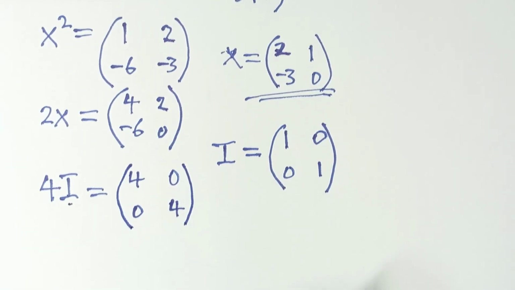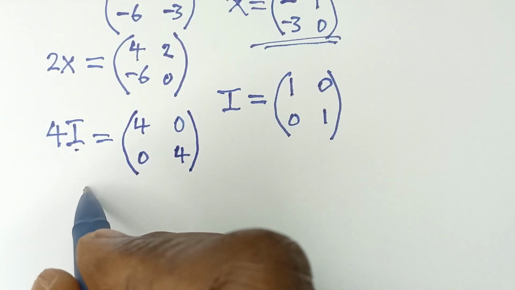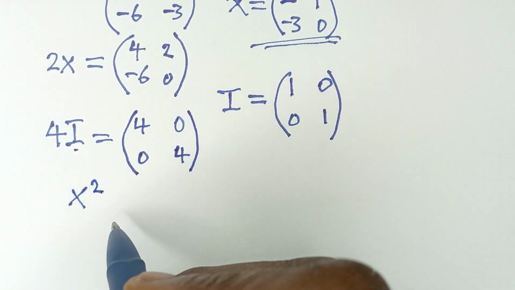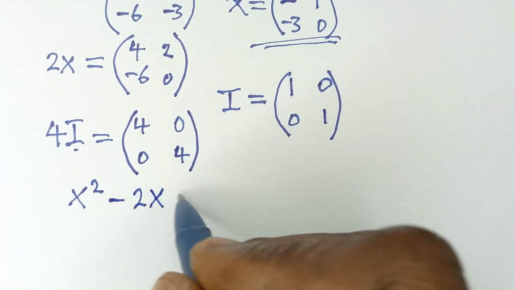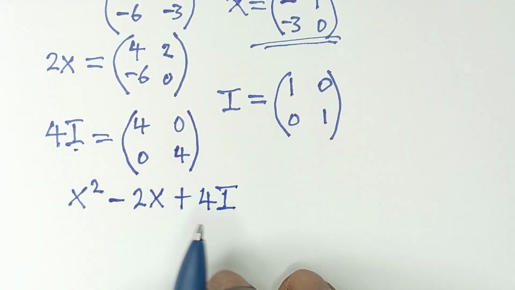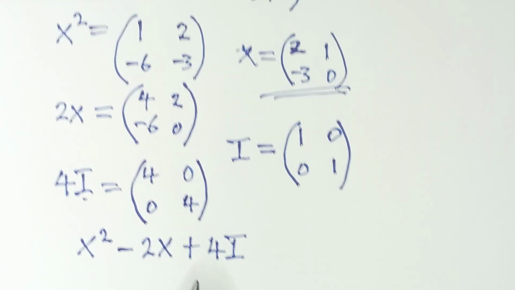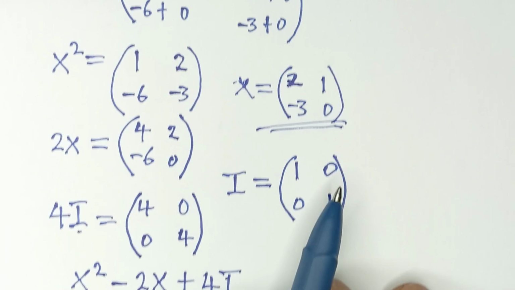So don't forget, the question is asking us to evaluate x squared minus 2x plus 4i. This is what the question is asking us to evaluate. So let me bring back my x squared. So this is the value for x squared. I'm going to write it now.